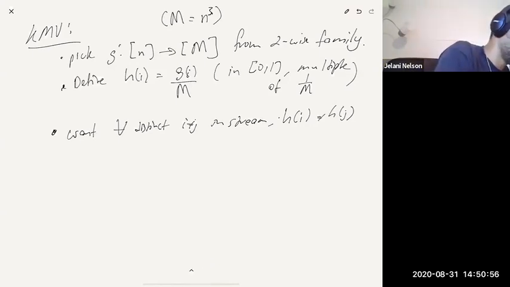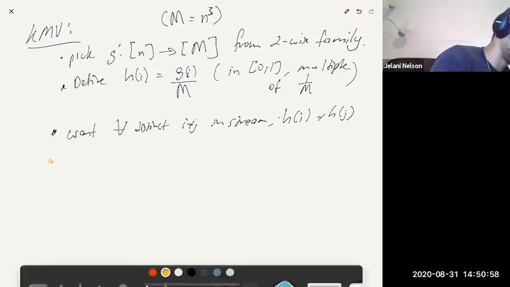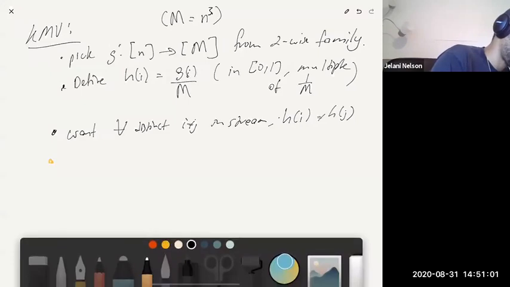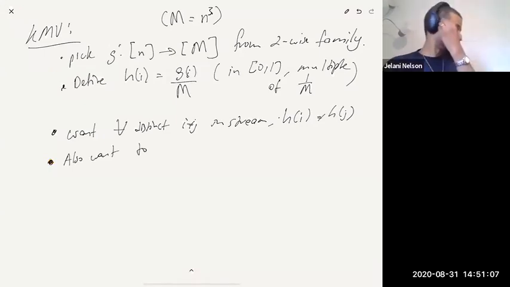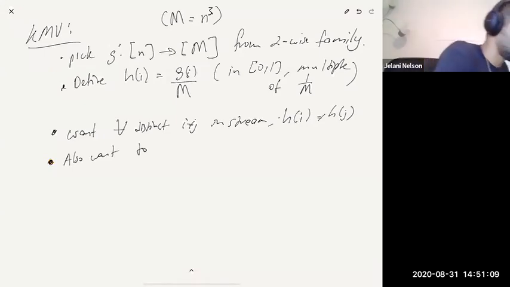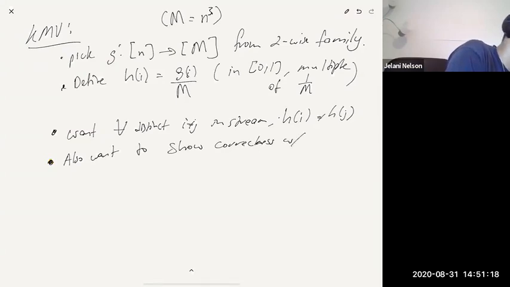And we also need to analyze, also want to just show correctness with good probability, even aside from this collision and hash functions.